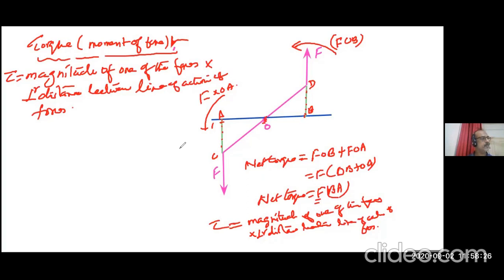The torque equals the magnitude of one of the forces, that means here 10 Newton, here minus 10 Newton, you substitute just 10, into the perpendicular distance.